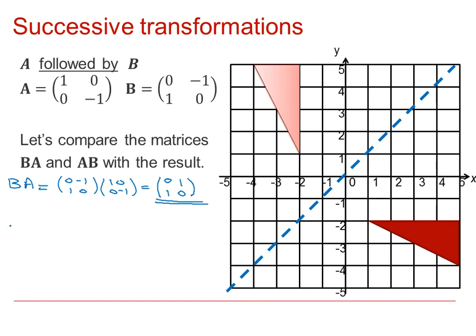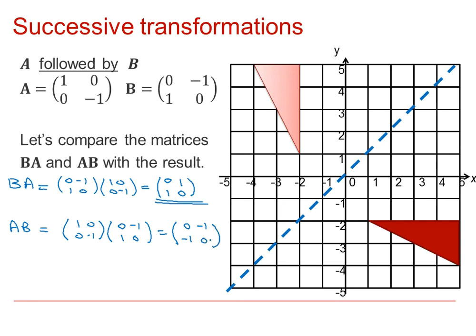However, if we consider AB, so that's A, 1 0 0 minus 1, and we're applying that matrix after we've applied B, which is 0 minus 1 1 0, we get a combined effect of 0 minus 1 minus 1 0.